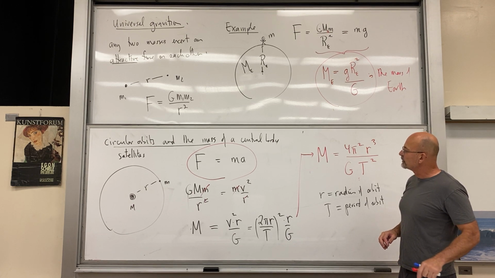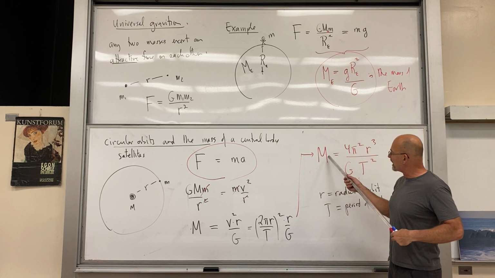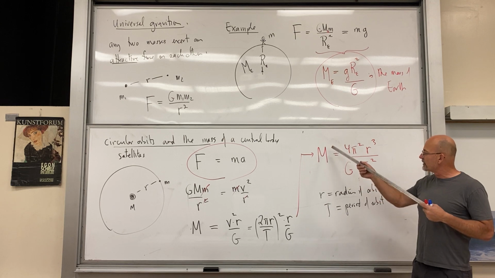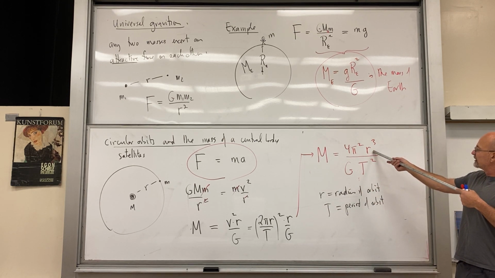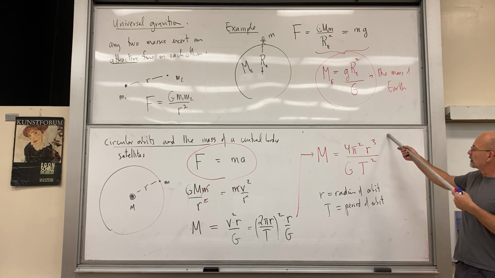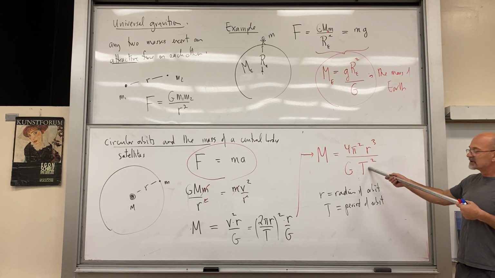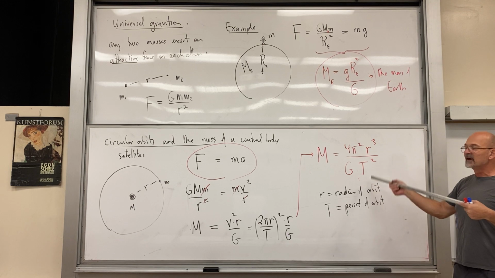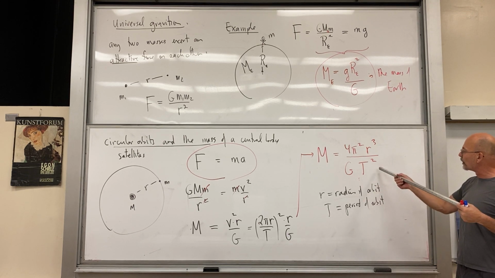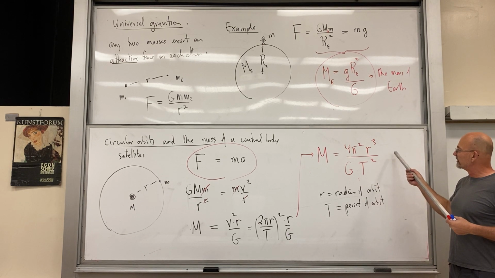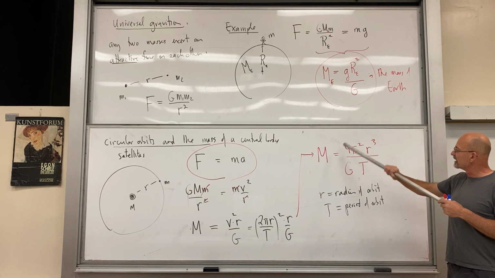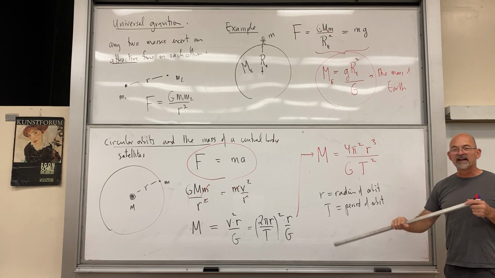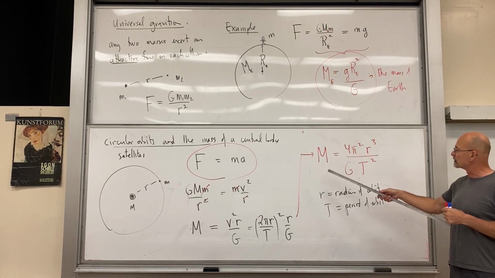Okay. So this, by the way, is how all of these central body masses are known. That's how we know the mass of our sun. For our sun, this is the distance to the sun in meters cubed, and this is 365 days expressed in seconds and then squared. Okay. So you could have a little fun calculating some of these things and verifying the values that are given in the astronomical tables.